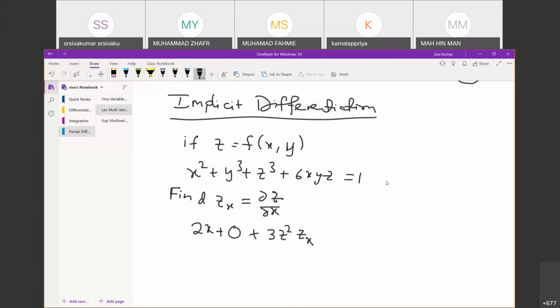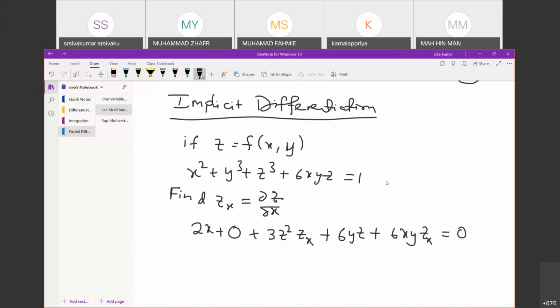Now for this term, there are two factors working inside, so you need to use the product rule to solve this. First you get yz. Next, I need to work on the z, therefore 6x, y, zx, equals 0.